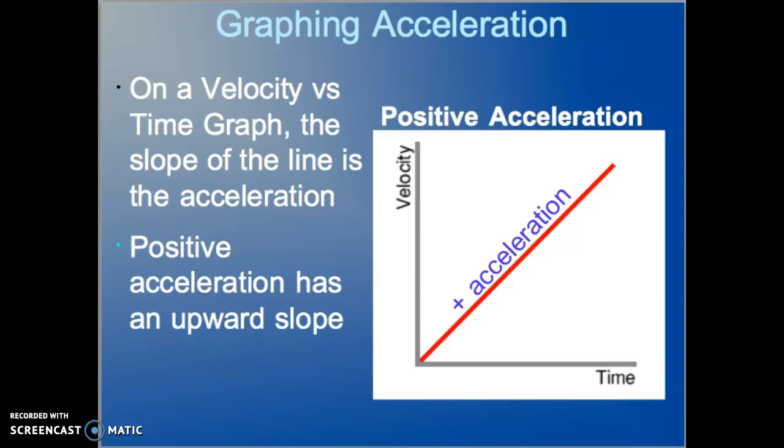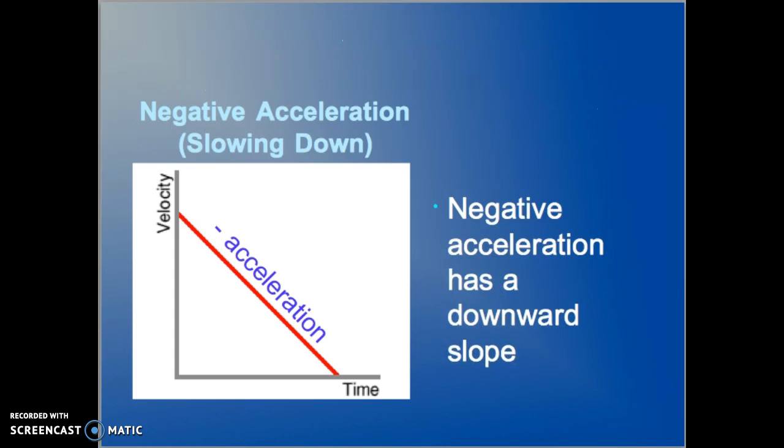Graphing acceleration is a lot like graphing velocity, but here our x-axis is still time, and the y-axis is velocity. So on a velocity versus time graph, the slope of the line is the acceleration. A positive acceleration has an upward slope, like this, whereas a negative acceleration will have a downward slope.